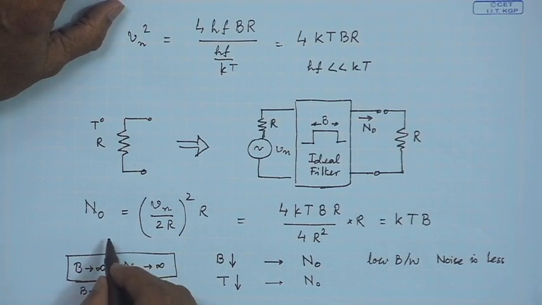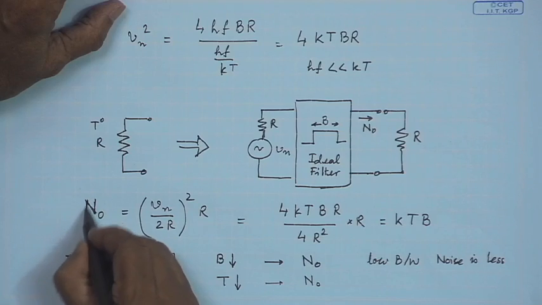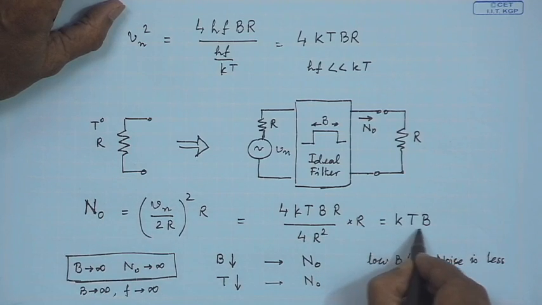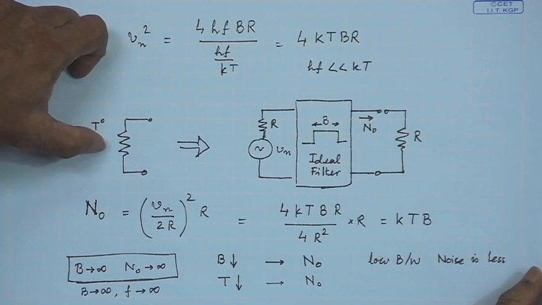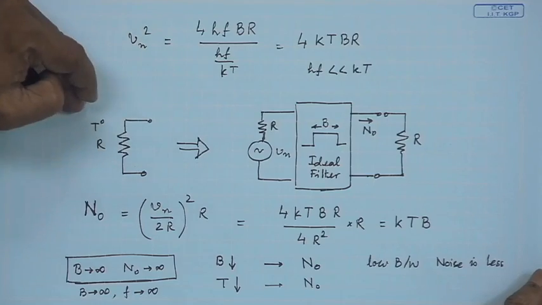So, now from this we understand that noise power is equal to k T B in a resistance at a particular temperature T. Now, we have said that this is a resistance, but any of the devices can have similar characteristics.